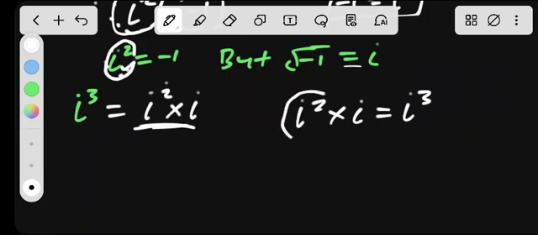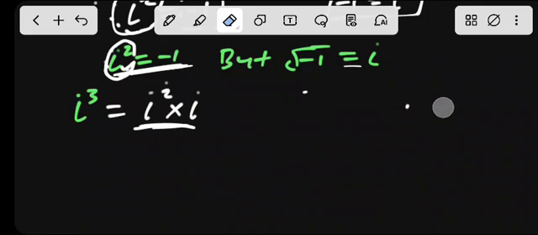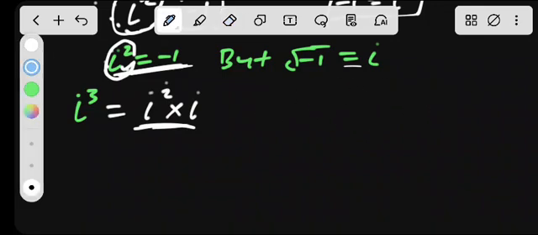However, we know that i squared is the same as -1. So i squared multiplied by i is -1 multiplied by i. So this will be i, like this, negative i.